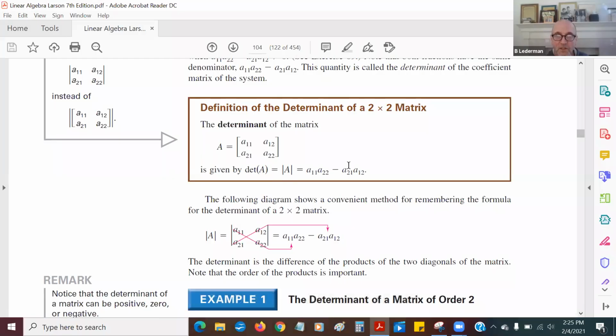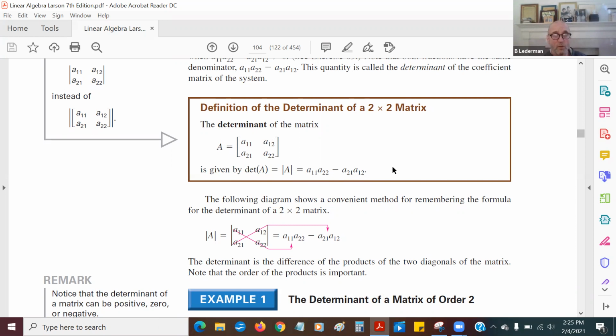Anyway, here's the official definition of a determinant. If you have a 2 by 2 matrix, so you have A11, A12, A21, A22, the determinant is A11 A22 minus A21 A12.